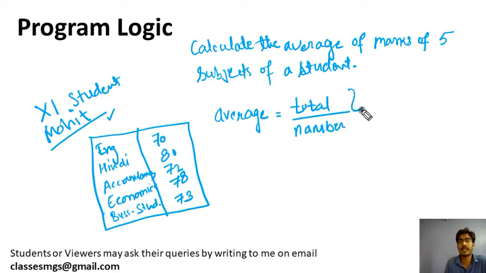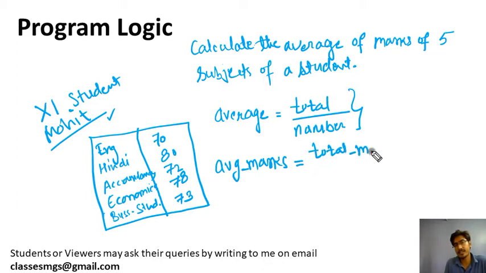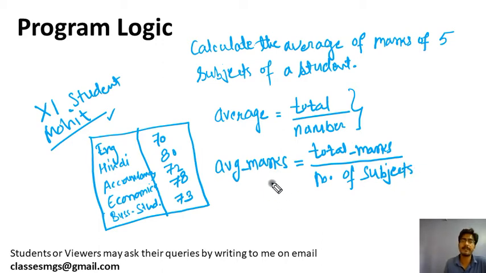So in this case, average marks will be calculated as total marks divided by number of subjects.